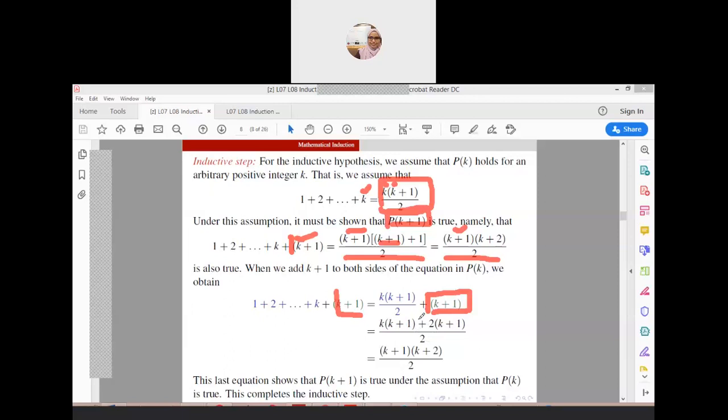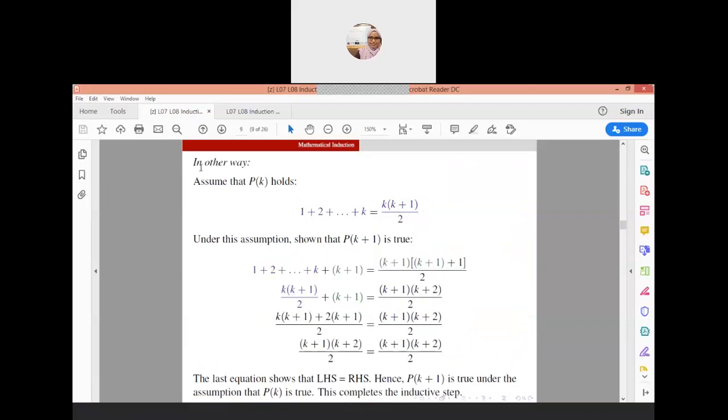So we expand it, and eventually we get this. And the 2 sides are equal, so it proves that it is true for P(k+1) under the assumption that P(k) is true. This completes the inductive step. Actually, this is one way to show the inductive step.